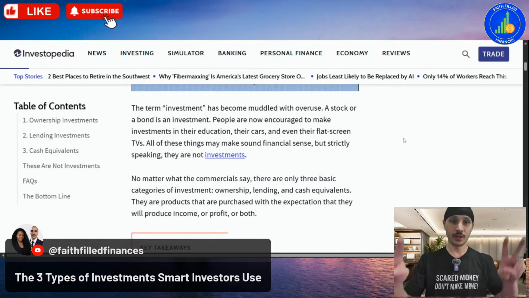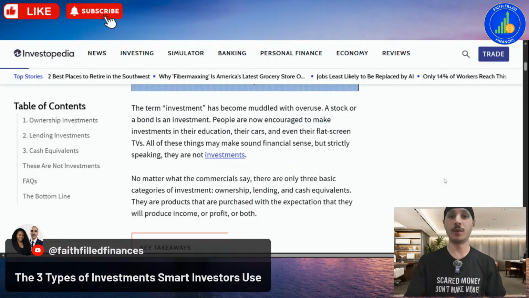The term investment has become muddled with overuse. A stock or a bond is an investment. People are now encouraged to make investments in their education, their cars, and even their flat screen TVs. Talk to me. All these things may make financial sense, but strictly speaking, they are not investments.